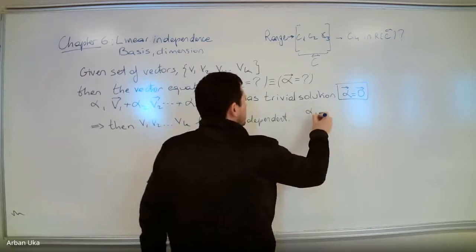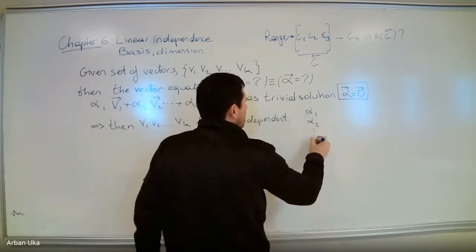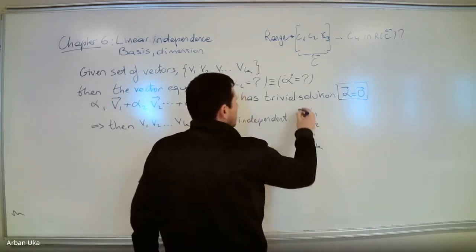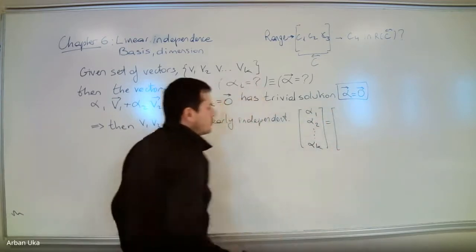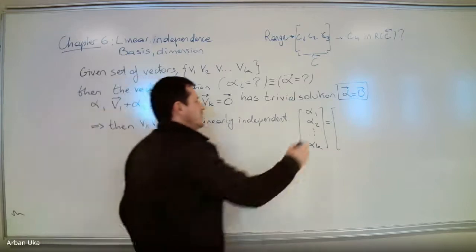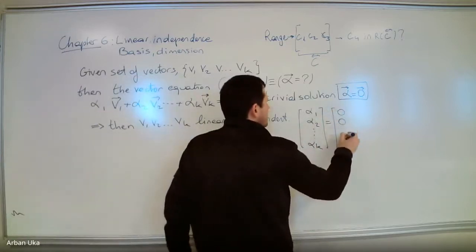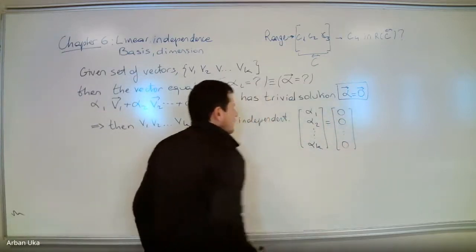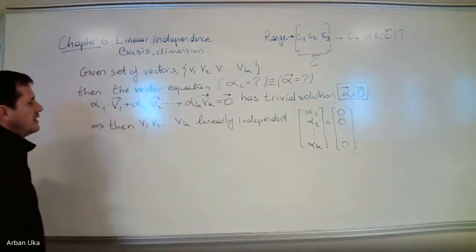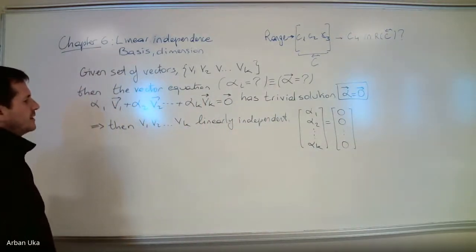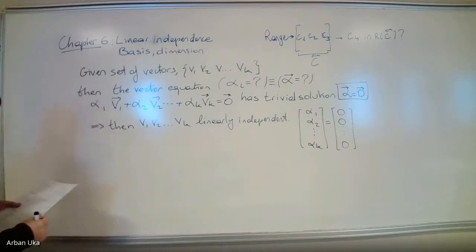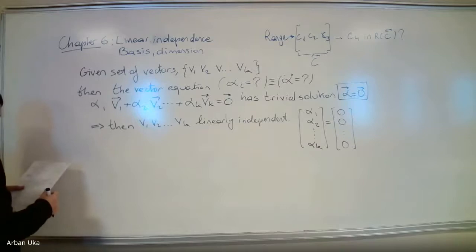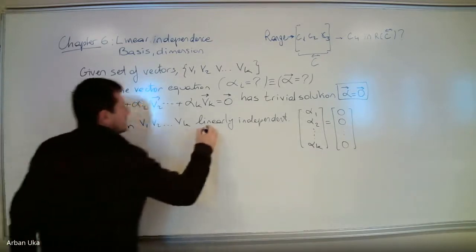Or we can also report it like this: alpha 1, alpha 2, up to alpha k, all of these parameters with which we multiply the given vectors vi, should be equal to 0, 0, and 0. Now this is linearly independent.